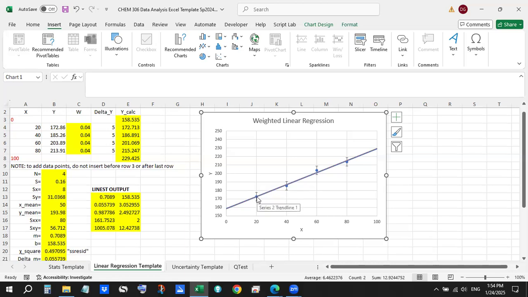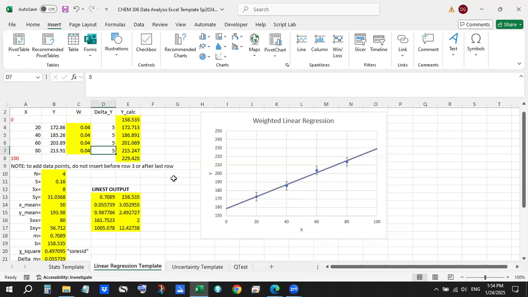So this 172.8 is right there in the middle. Okay, so let's say for this fourth data point, instead of plus or minus 5, let's make that error bar bigger. So this error bar is going to get bigger right here at 80. So if I change that to 15, look what happens. You can see your error bar here at 80 has gotten bigger.